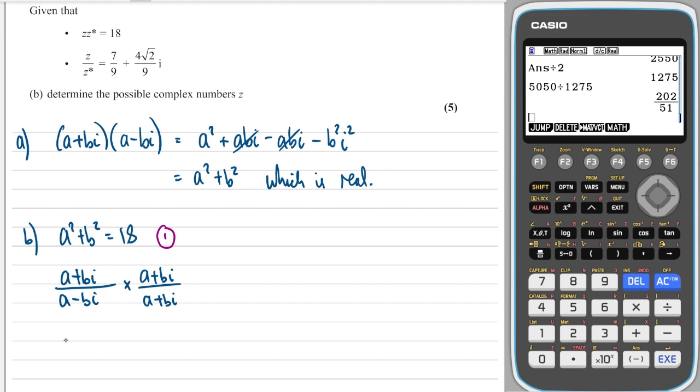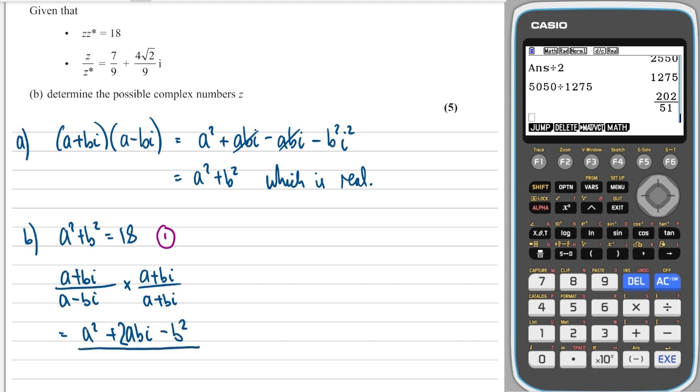This is going to give me, on the top, I'm going to get a squared, 2 lots of abi, and I'm also going to get b squared times i squared, so that's minus b squared.